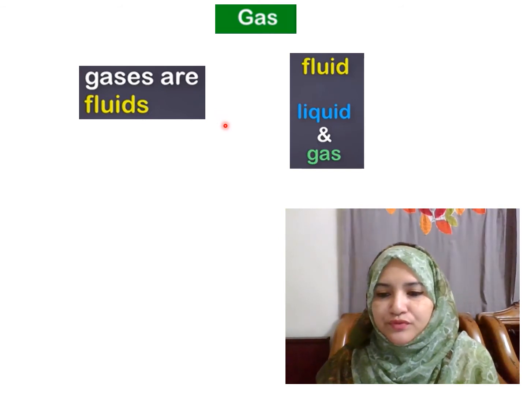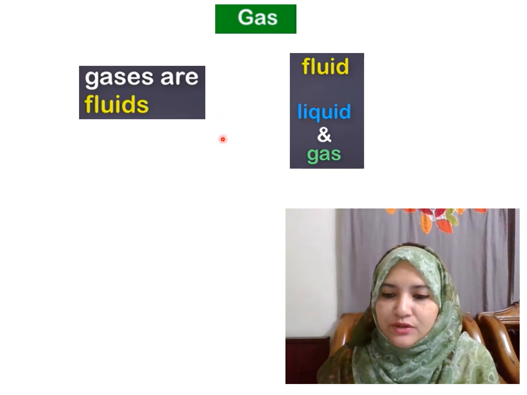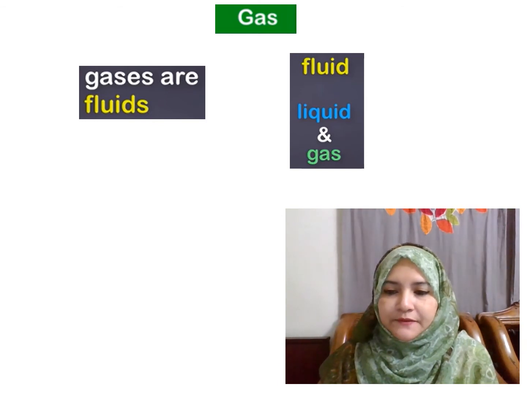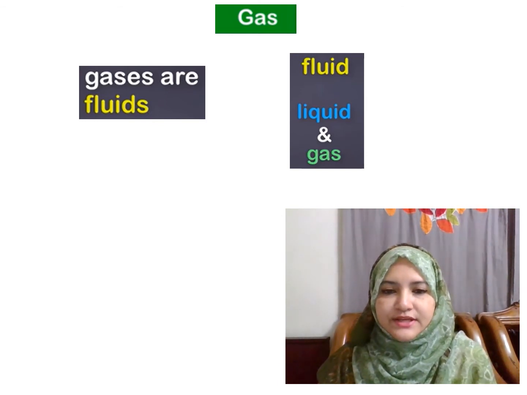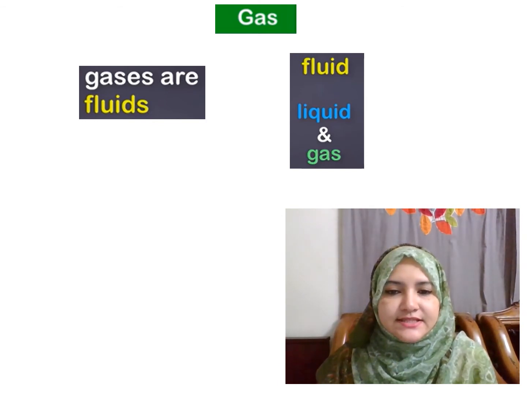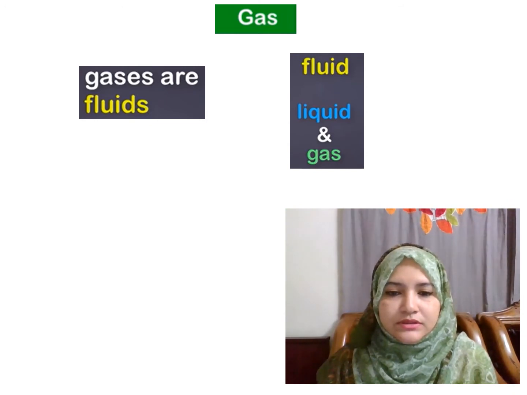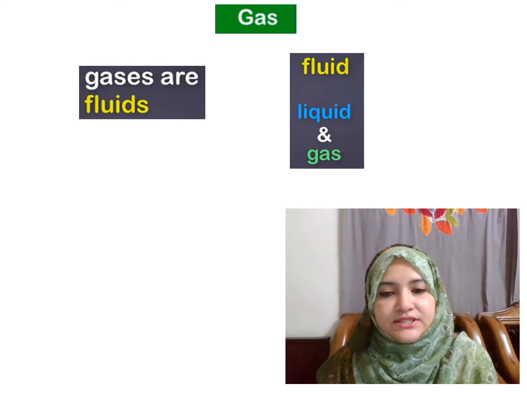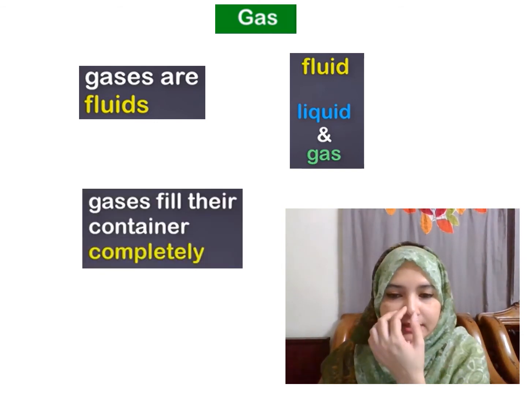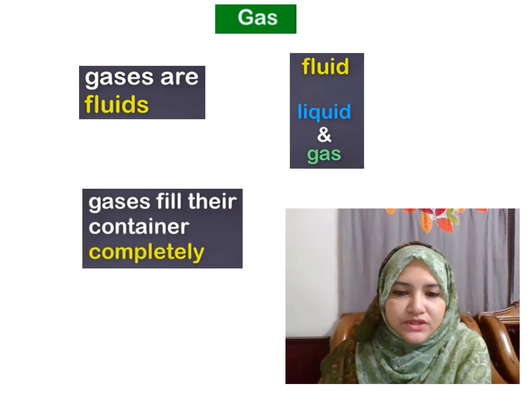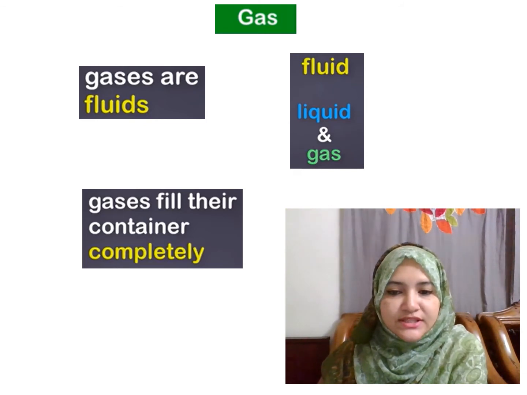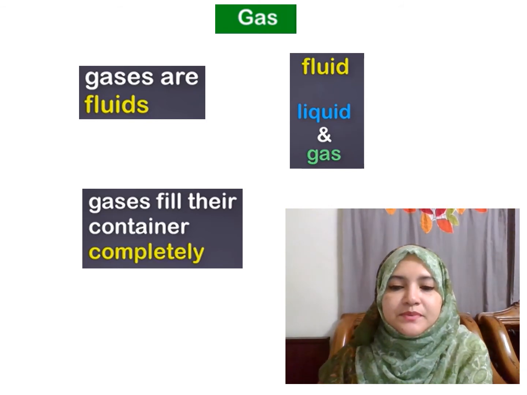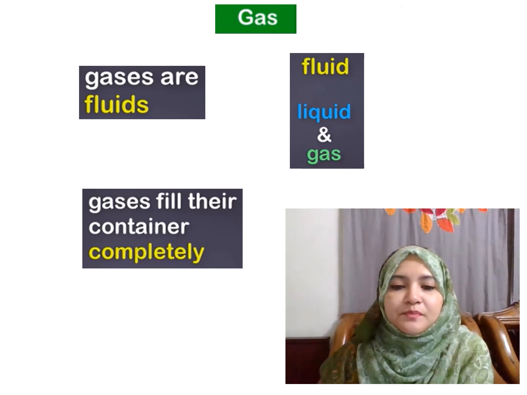And as we discussed before, gases want to fill up the container completely. For example, if the bottle contained a gas and I transferred it to a larger container, then the gas would fill up the larger container completely.